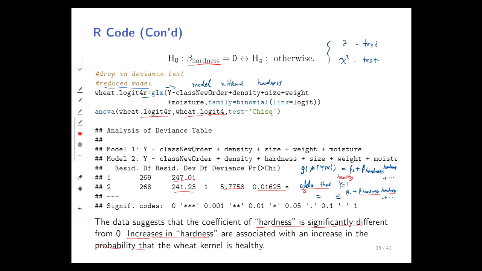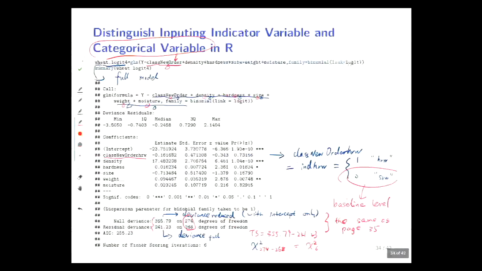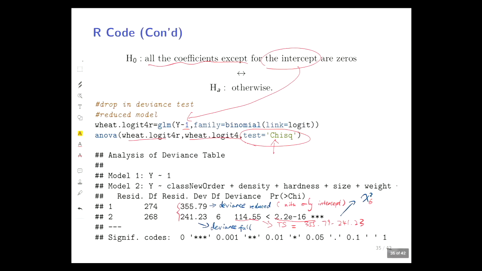This is the chi-square test. Let's compare this result to the z-test. So what's our z-test result? This is the z-test result. You can see by using the z-test, we can also obtain this conclusion. The coefficient of hardness is significantly different from 0, but the p-value is slightly different from the p-value for the chi-square.